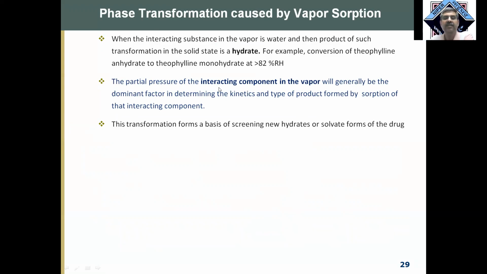The partial pressure of interacting component in vapor will generally be the dominant factor in determining the kinetics and type of product formed by sorption of that interacting component. This transformation forms a basis of screening new hydrates or solvate forms of the drug.